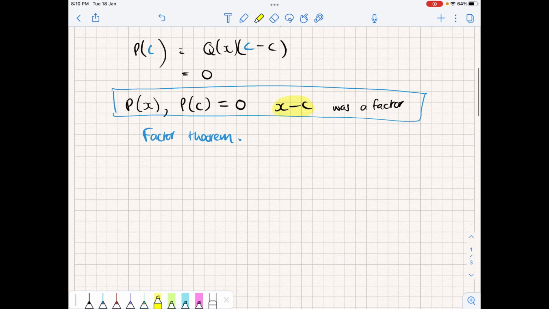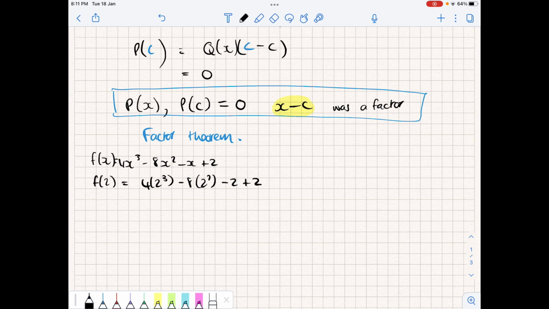So let's have a look at a simple example, right? If we take the equation 4x cubed minus 8x squared minus x plus 2, we can call this equation f of x. If we say, for instance, let's substitute in a value of 2, we're going to get 4 times 2 cubed minus 8 times 2 squared minus 2 plus 2, and this is going to simplify into 32 minus 32 minus 2 plus 2, which is equal to 0.